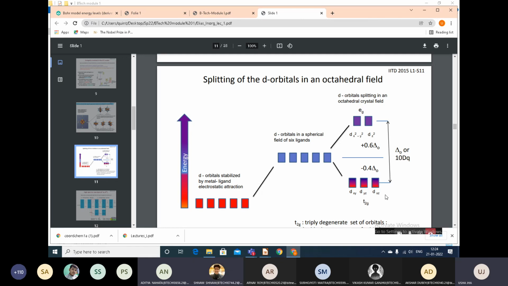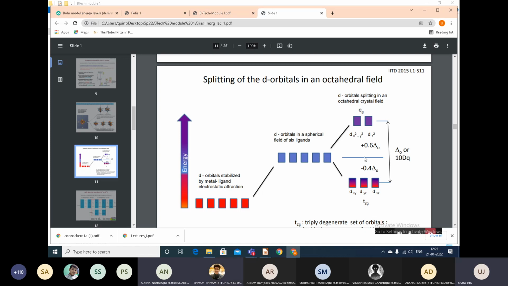So 3 of the d orbitals get lowered in energy, whereas 2 of the d orbitals get increased in energy. And that increase in energy is equivalent to the amount of decrease that is there because of these 3 orbitals that are reduced in energy.